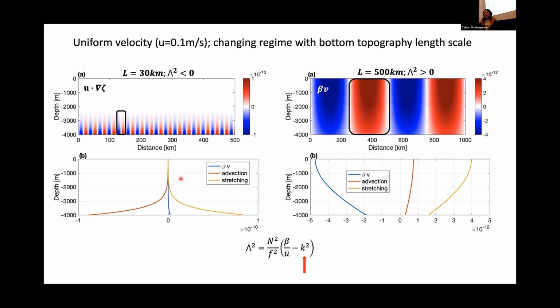And the bottom panel shows the vertical structure of vorticity balance. For the decaying regime, stretching is balanced by advection of relative vorticity, and both of them just decay very quickly from the bottom. This is generated from the bottom flow going up and down the small scale topography. It doesn't generate Rossby waves, but only dissipates away from the topography.